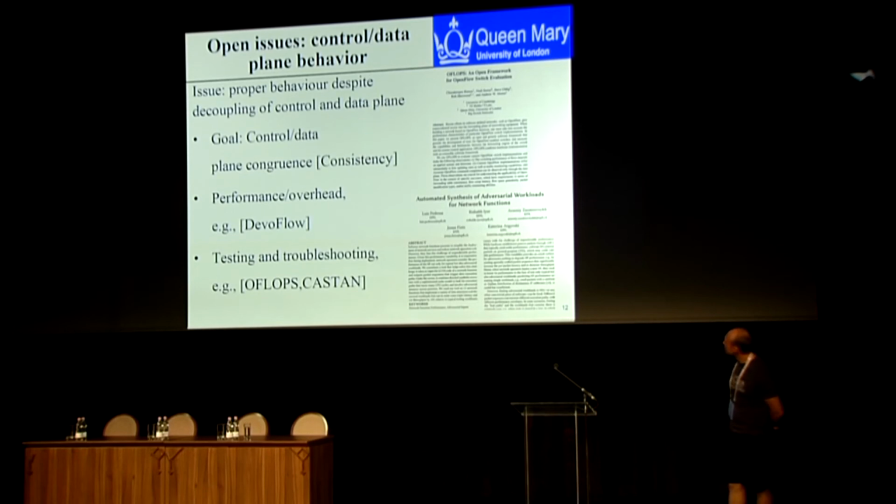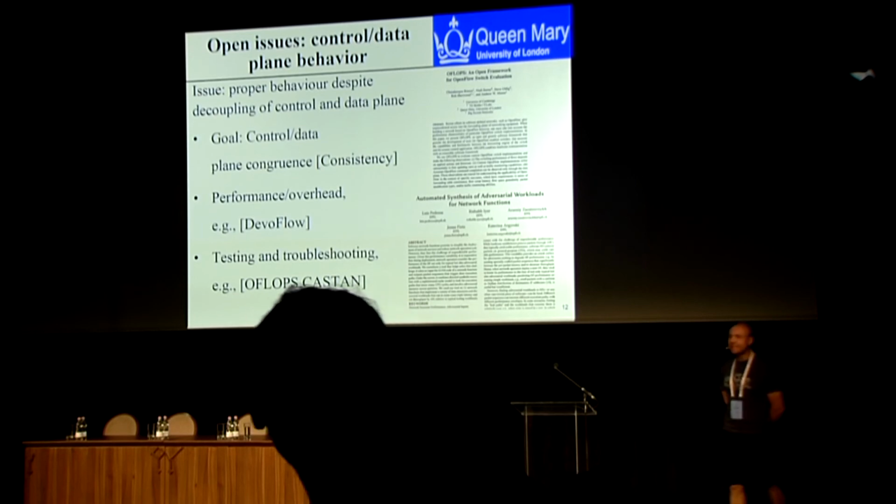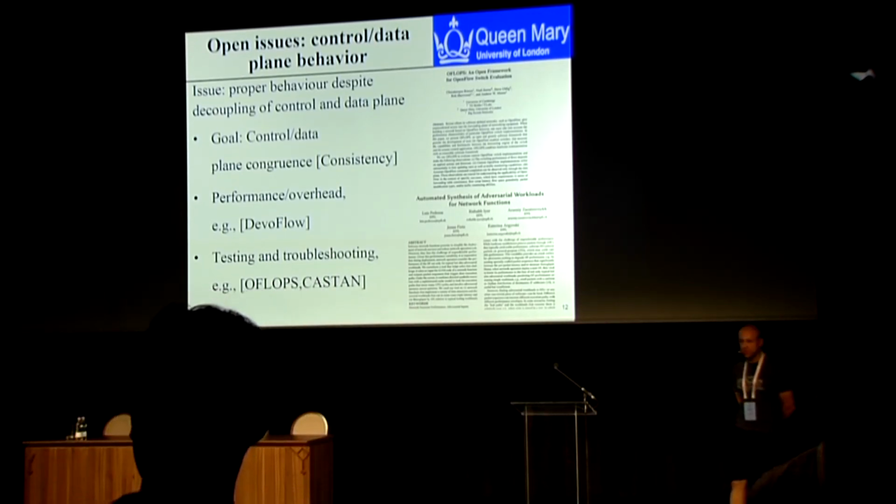Now, there are, of course, issues with performance overhead. The DevoFlow paper, I think a few years back, was handling that, because if you have lots of flows, you need to be able to manage them at scale. If you have thousands or millions of them, you need to be able to handle it. And then, because the control and data plane are decoupled, you need to make sure things are not wrong.